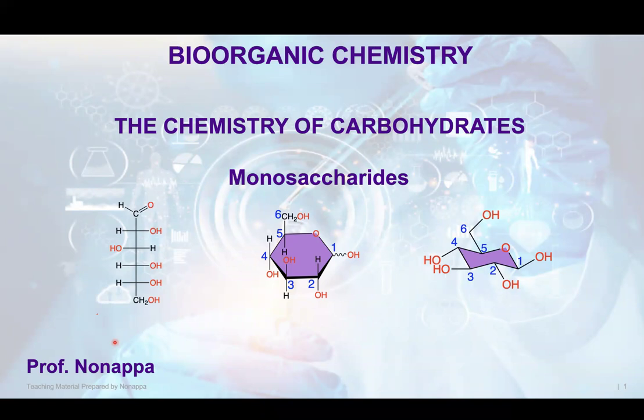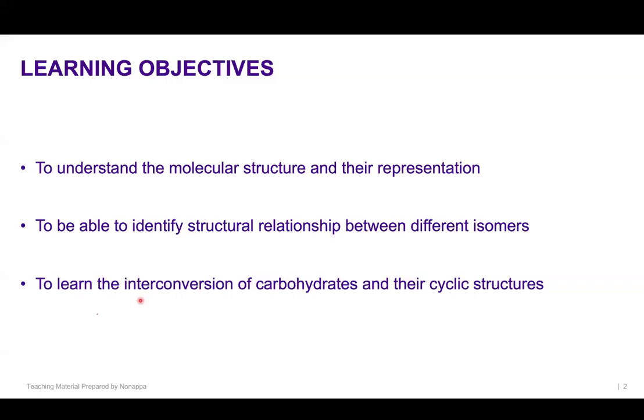In the previous lectures, we have seen what is bioorganic chemistry and how it is different or related to other branches of chemical and biological sciences. We also had an introduction to carbohydrates. We have studied what is a carbohydrate and how carbohydrates are classified based on their functional group and number of carbon atoms present.